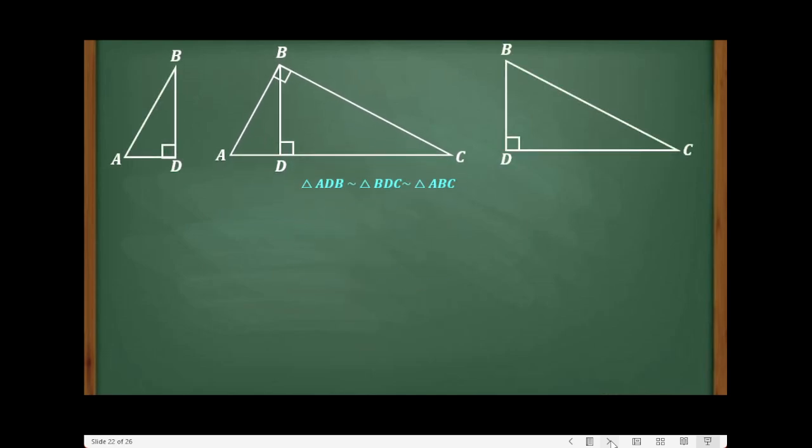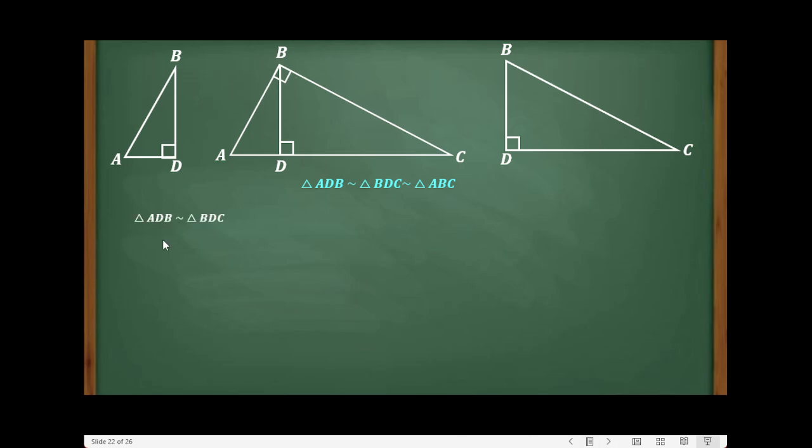Now, we know that when we talk about similarity of triangles, we are fully aware that their corresponding sides are proportional. So if we take two out of these three right triangles at a time, we can form the proportionality of the corresponding sides.